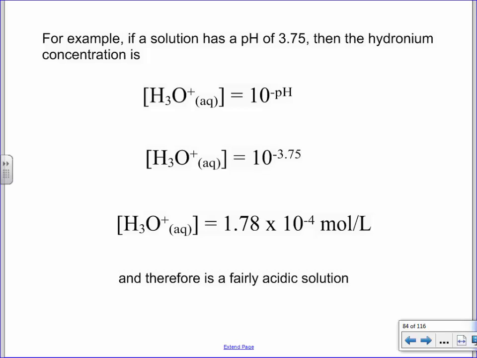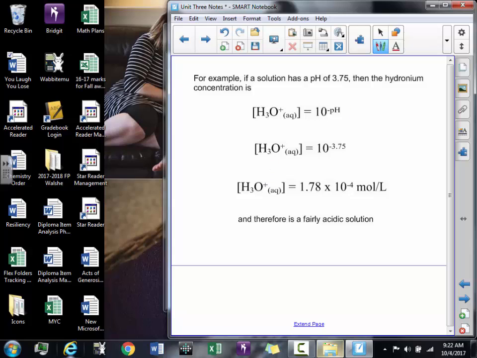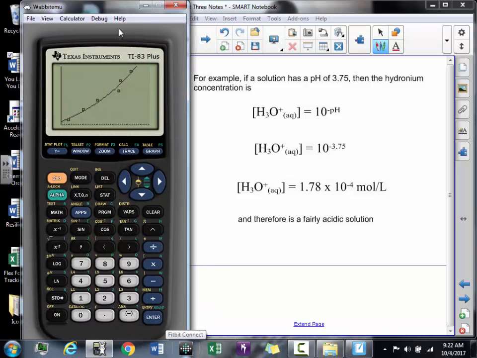All I need you to do is go 10 to the power of minus 3.75. So if you don't have a calculator nearby, let me show you how that looks. All you've got to do is go 10 to the power of negative 3.75.